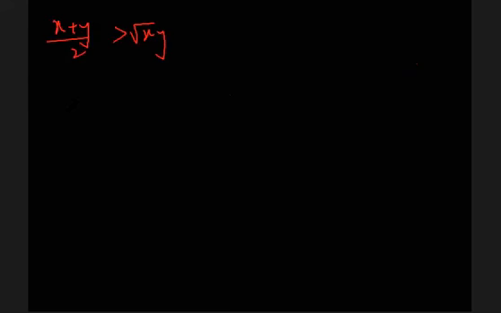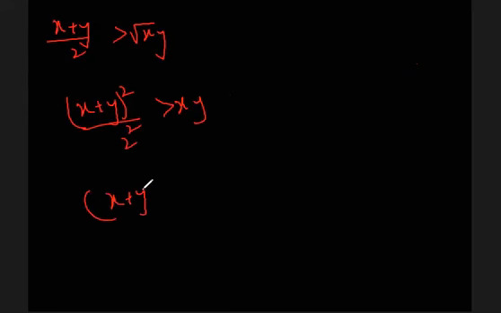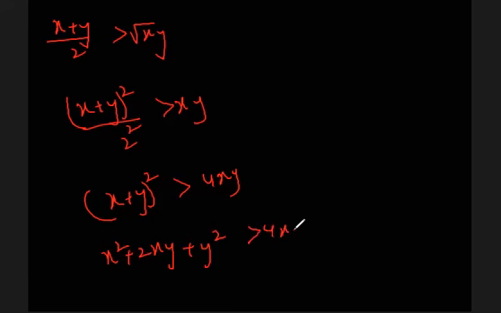If this is true, we can consider that x plus y whole square by 2 square is also greater than xy. Then x plus y whole square is greater than 4xy, and this can be expanded as x square plus 2xy plus y square is greater than 4xy.